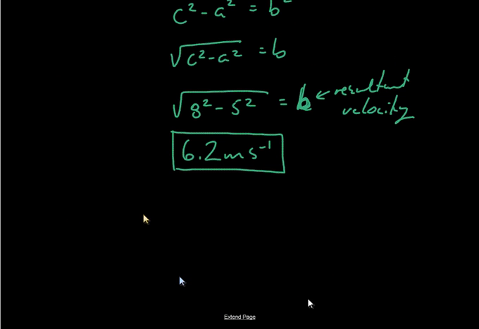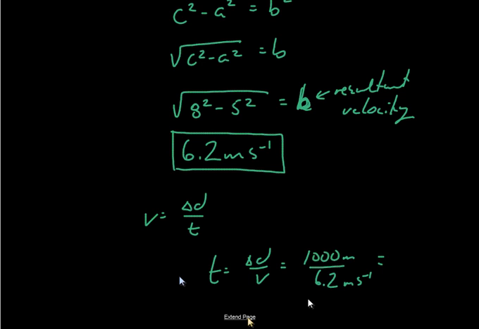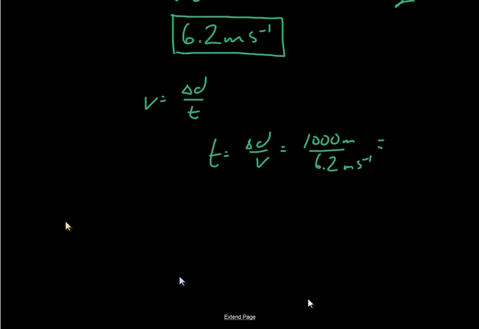So you remember from last year, I'm sure, that velocity equals change in displacement over time. Well, now we want time, so time should be equal to displacement divided by velocity. So we've got 1,000 meters, and we're traveling along that 1,000 meter line at 6.2 meters per second, and I get 161.3 seconds.